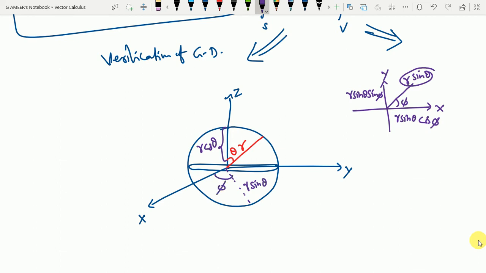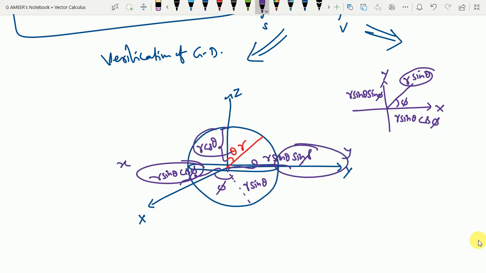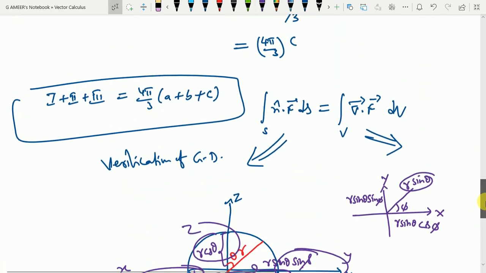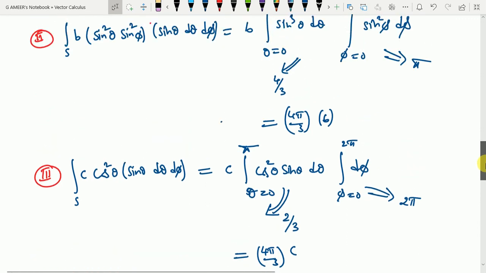So this component becomes r sin theta cos phi, and this component becomes r sin theta sin phi. That's why x is this, y is this, and this is the z. I have already written that there, what is x, what is y, what is z.